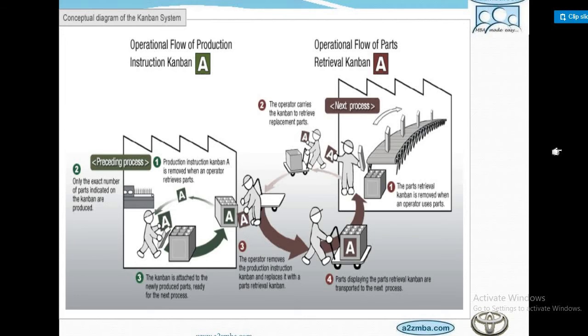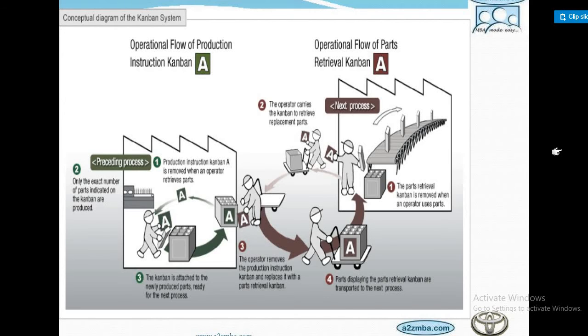In the second picture, as you can see, it is the operational flow of the parts retrieval Kanban. What is meant by retrieval Kanban? The first thing we do is that the parts retrieval Kanban is removed when an operator uses parts. Whatever parts we are using, we give them a name or a card, A, B or whatever the number or alphabet is. Once the part is used, that card A is removed.